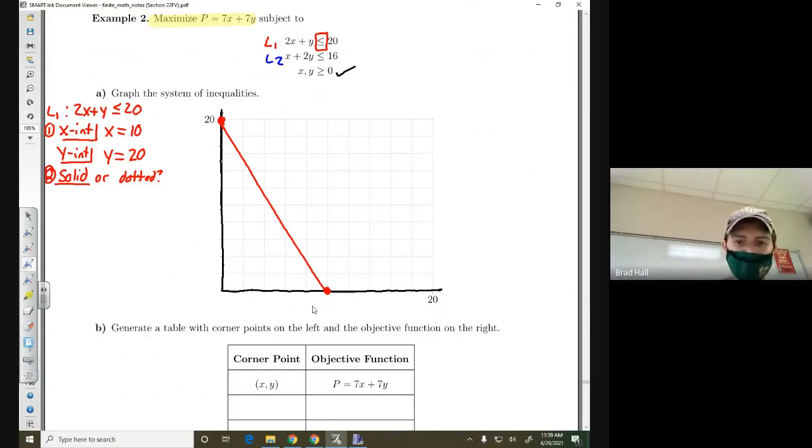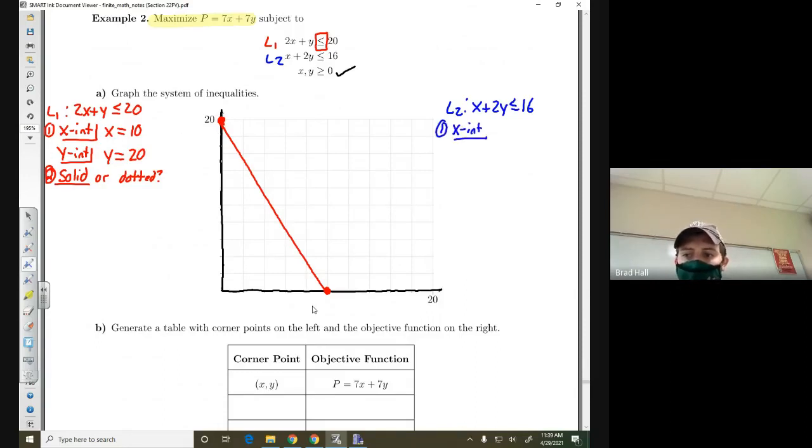After that, we have another line to look at. We're not going to shade quite yet until all the lines are drawn. The second line is X plus 2Y is less than or equal to 16. From here, we can first determine the X and Y intercepts. Looks like X will be 16 and Y will be 8.